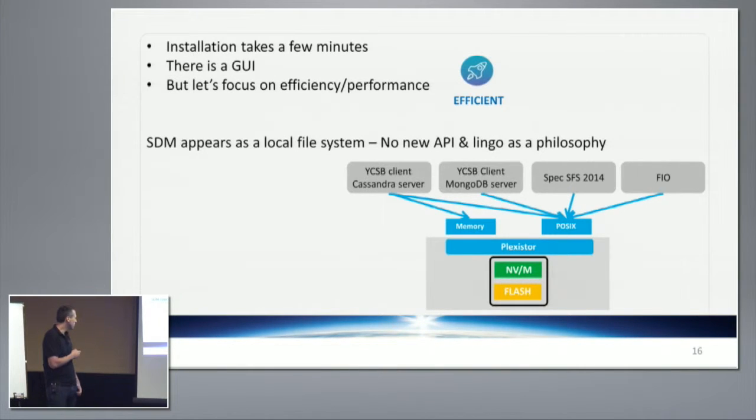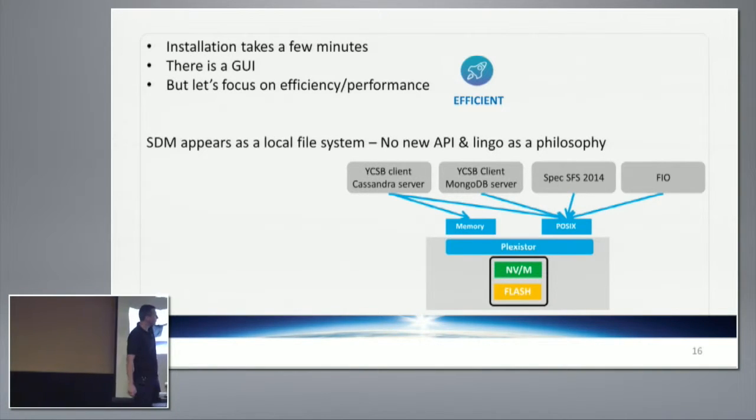I am going to take you through the efficiency and the performance aspects of the system, and some of that, obviously, not everything. Specifically, there are 6 benchmarks, 3 of them use FIO. Most of them use the POSIX API, the read and write semantics.